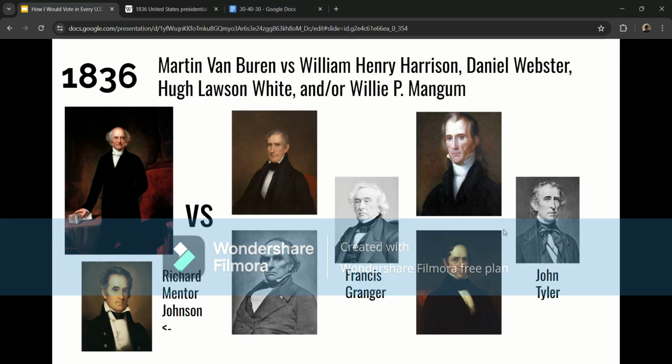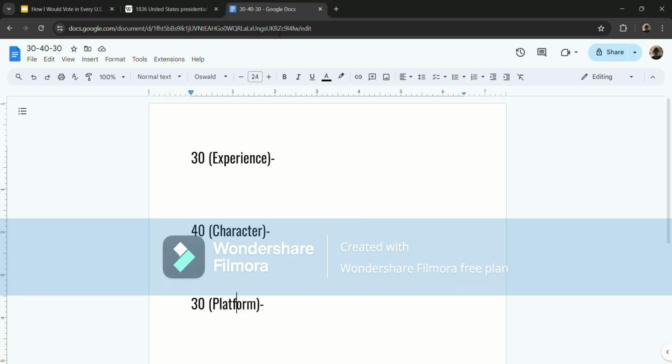But again, these two are Southerners. They are pro-slavery. They are pretty much everything that I would have absolutely despised when it came to presidential candidates. So, not voting for those two. I'm not going to vote for Van Buren, obviously, because he's a continuation of Andrew Jackson.